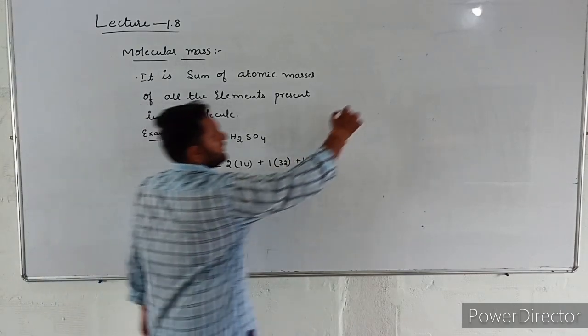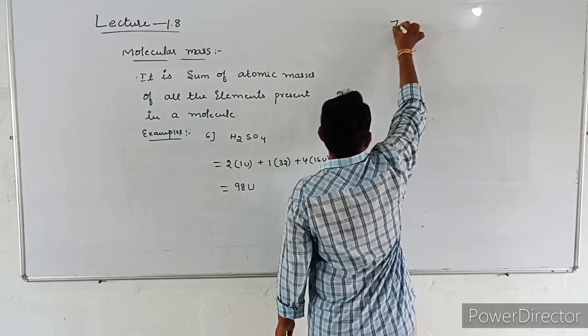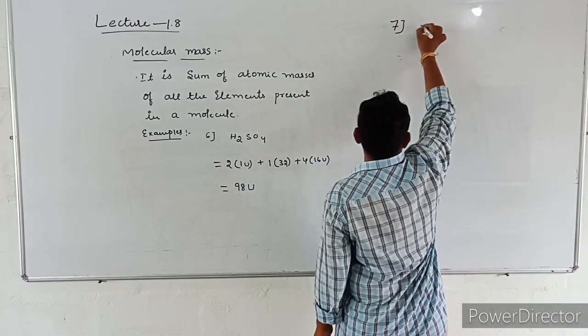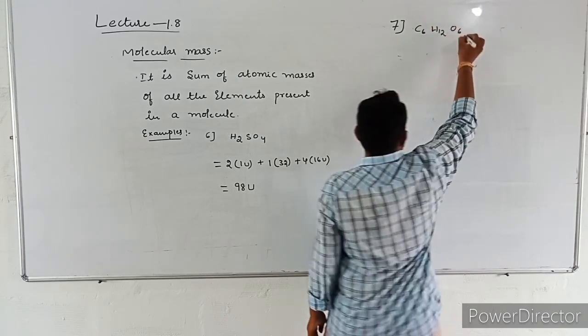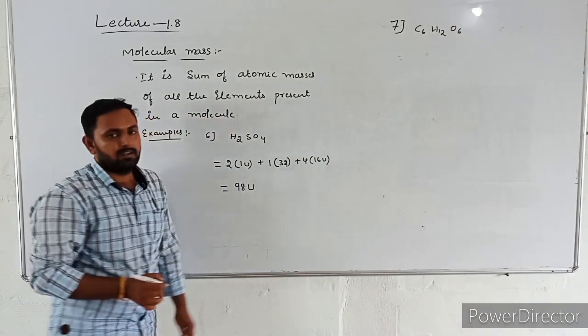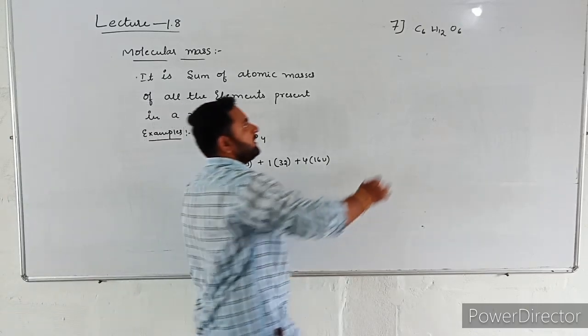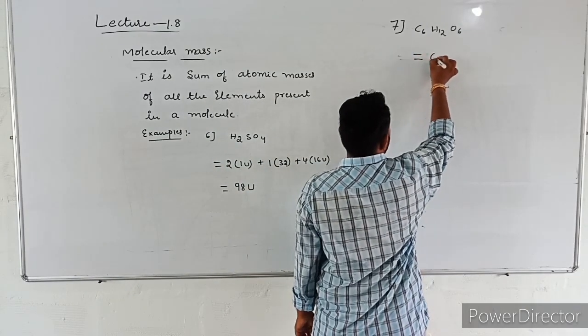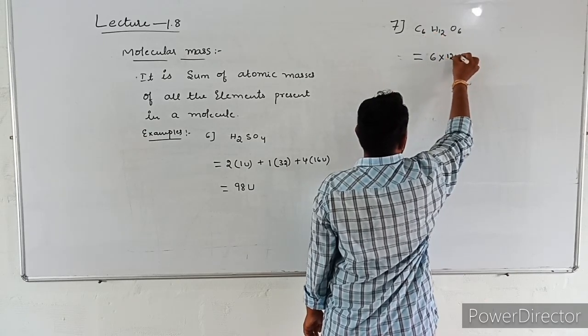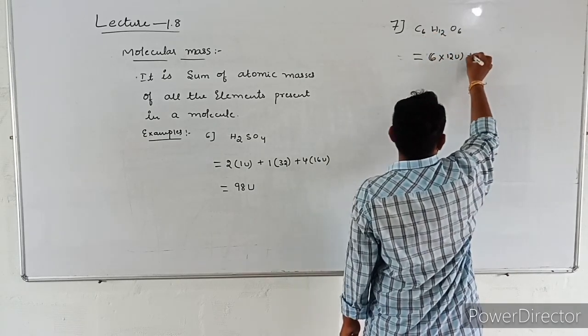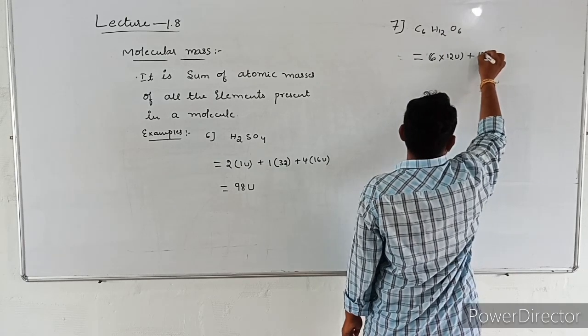Next, 7. Calculate molecular mass of glucose. C6H12O6. Now, how many carbon atoms are there? 6 carbon atoms. What is the atomic mass of one carbon? 12 U. Plus, how many hydrogens are there? 12 hydrogen.